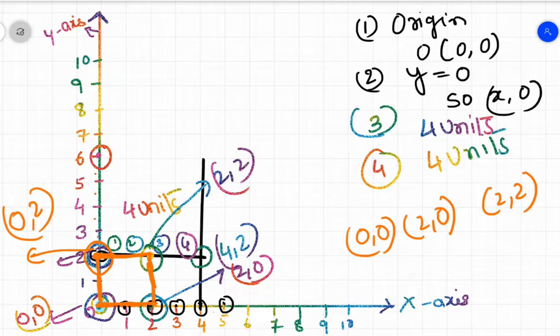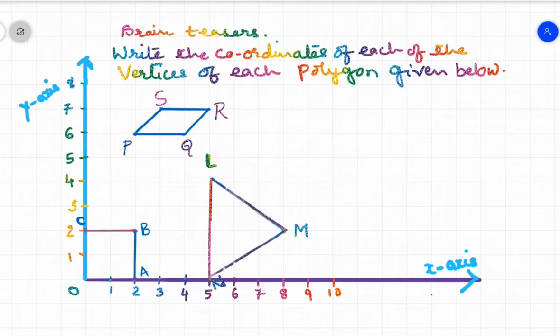What are the coordinates of the fourth vertex C of the square? See, this is O, this is A, this is B, and this point is C. So C is equal to 0, 2.